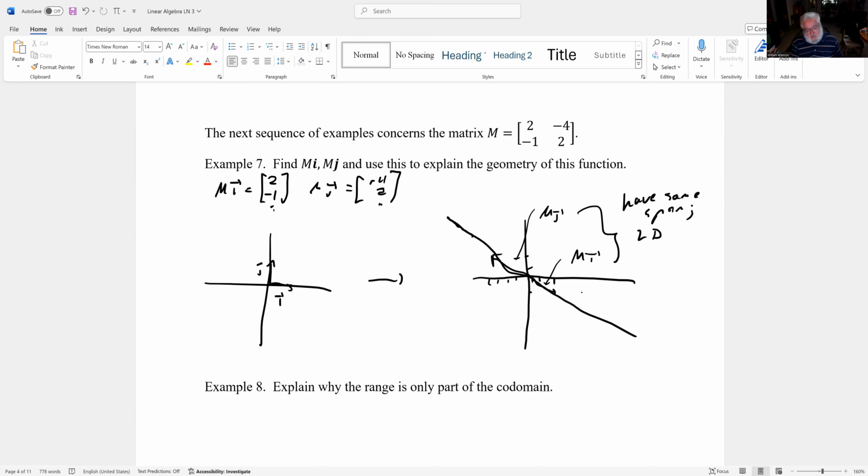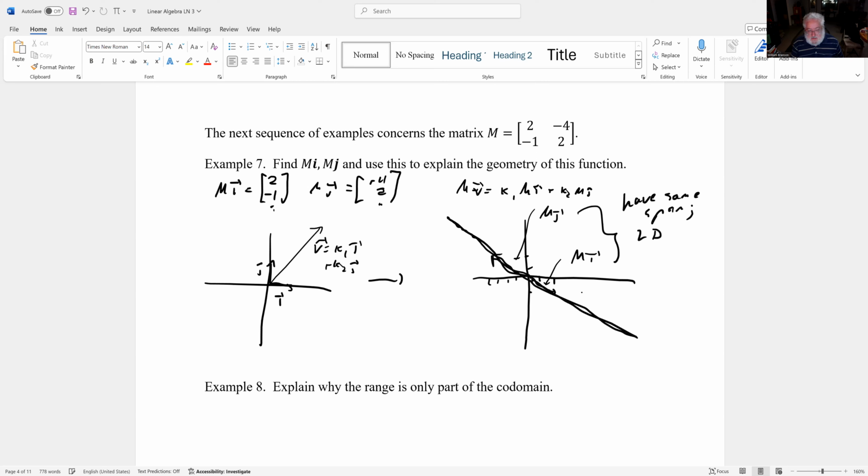So what does our function actually do? Well, it takes whatever vector you want, right? v equals k1i plus k2j. And what does it do? It takes the m times v is going to be k1 times mi plus k2 times mj.